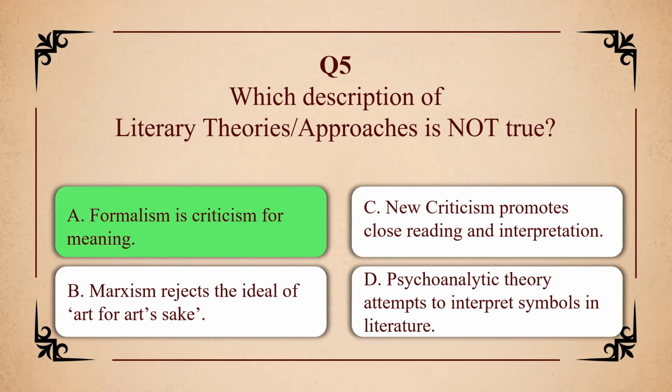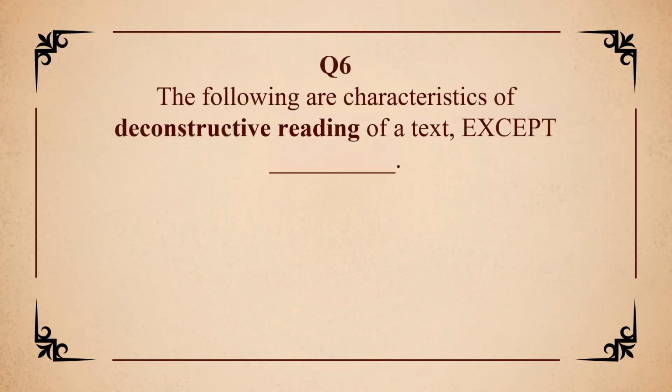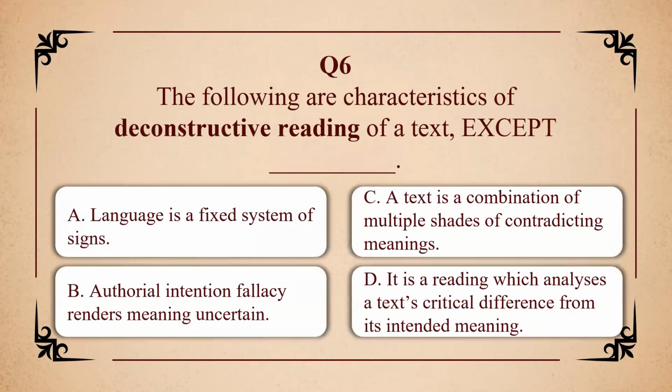Formalism focuses on the structure of the text rather than its meaning. Number 6. The following are characteristics of the deconstructive reading of a text except A. Language is a fixed system of signs. B. Authorial intention fallacy renders meaning uncertain.